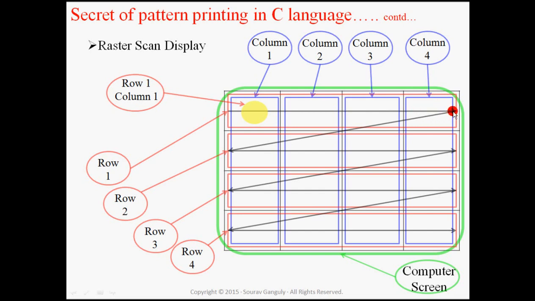Then the cursor comes to the next row, where the row number is 2 and the column number is 1. That means row 2 column 1 will be printed, then row 2 column 2, then row 2 column 3, then row 2 column 4. Then the cursor will come here and follow the same sequence, and then here again follow the same sequence.